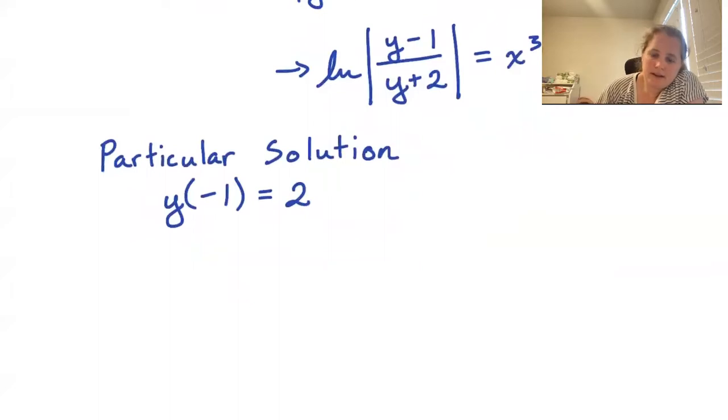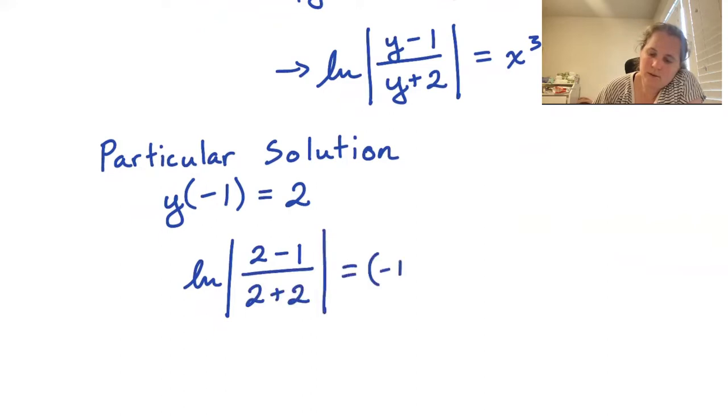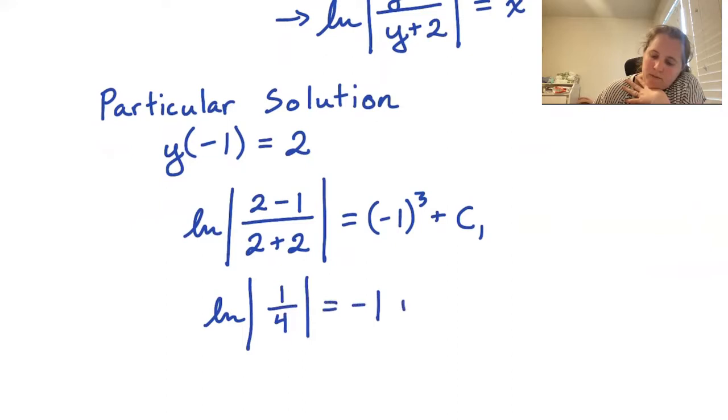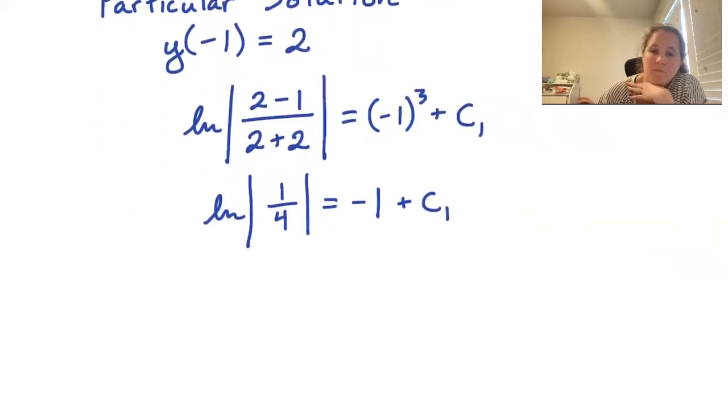So we are looking at the natural log of the absolute value of 2 minus 1 over 2 plus 2 is equal to -1 cubed plus c1. From here, we're looking at the natural log of the absolute value of 1/4 is equal to -1 plus c1, or c1 is equal to 1 plus the natural log of 1/4.